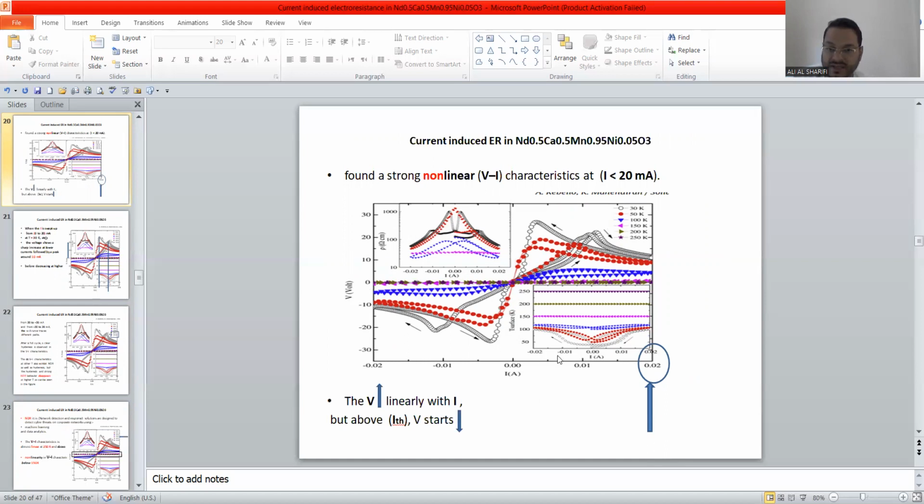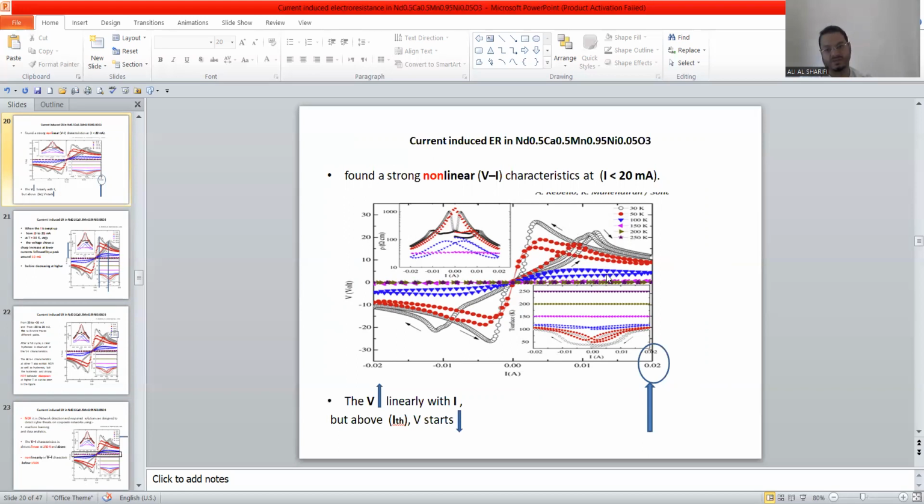That means in this period of current from zero to 20 milliampere, going back to 0 milliampere, we have non-linearity behavior like that with different temperatures, starting from 30 Kelvin, 50 Kelvin, 100 Kelvin.